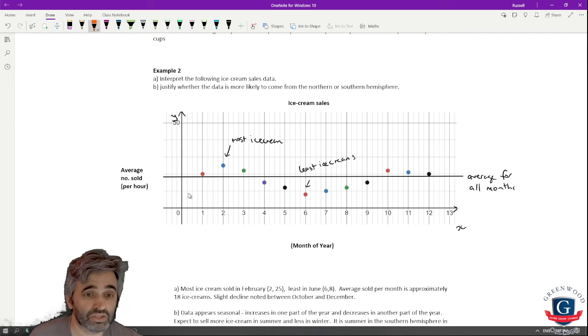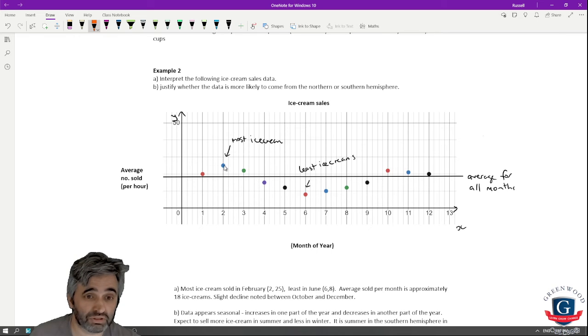So we know that this point here represents January and selling 20 ice creams per hour on average. In February they sell 25. In March it looks like 22, and in April it looks like something like 15.